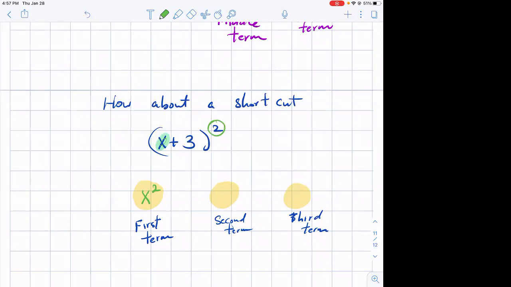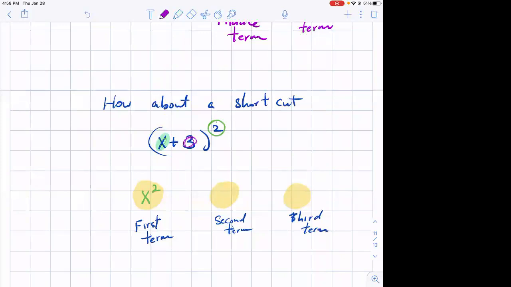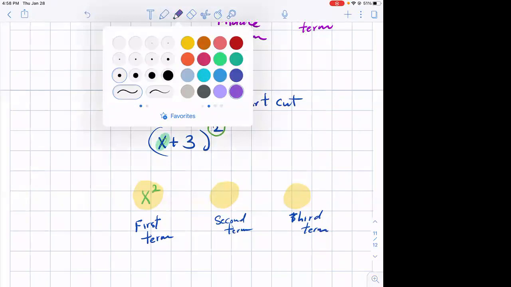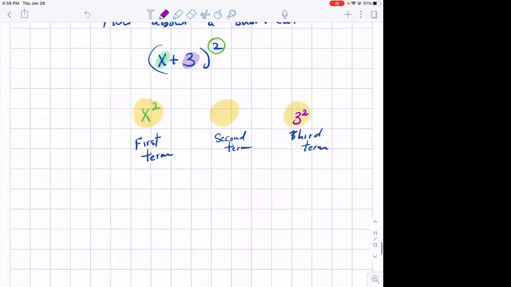To get the last term, we take the last term in the polynomial and square it, and that becomes 3 squared, which we know is 9. So this becomes x squared, and this becomes plus 9.